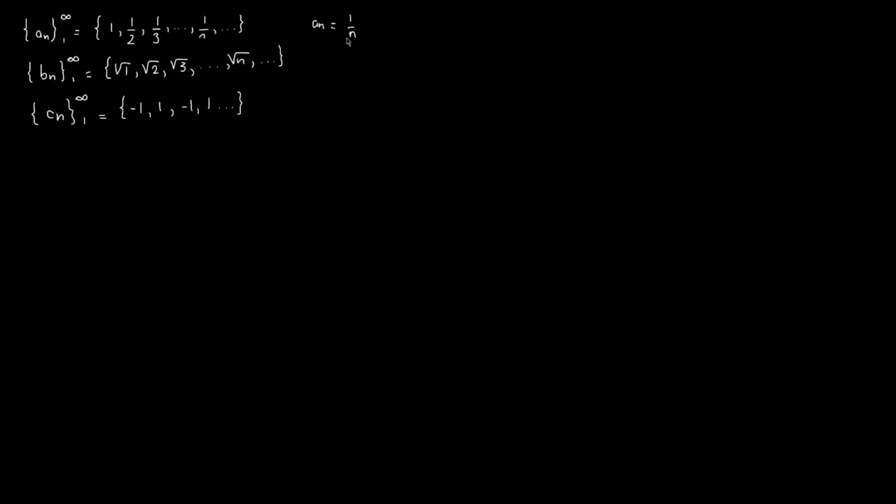If you substitute positive integer 1 as n, you get the first term, which is 1. With 2, you get the second term, a half. With 3, you get the third term, a third.